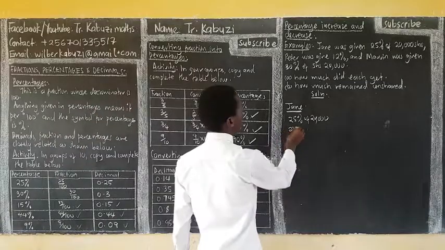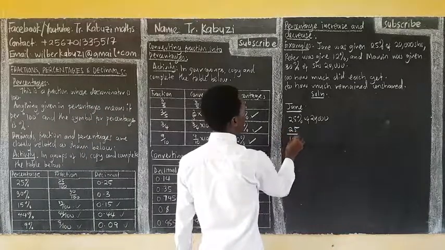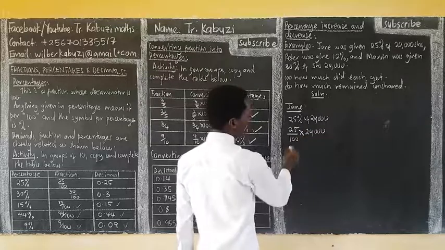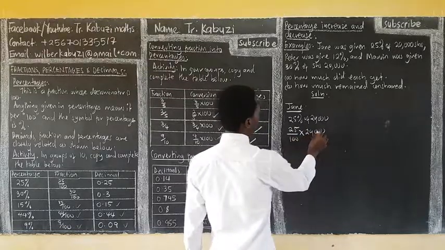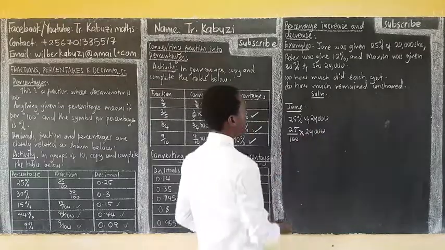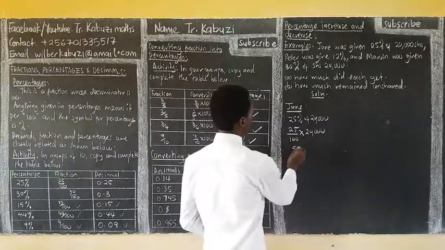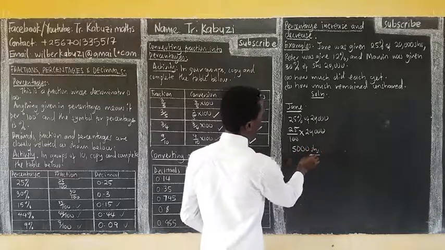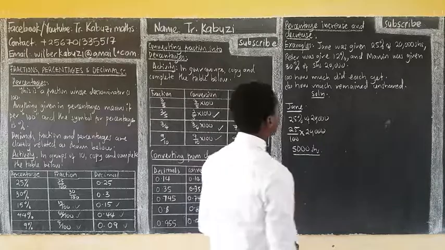So this is 25 over 100 times 20,000. So that we can easily cancel, then this and this is 50. So meaning this one got 5,000 shillings. So this is the amount Jane got.